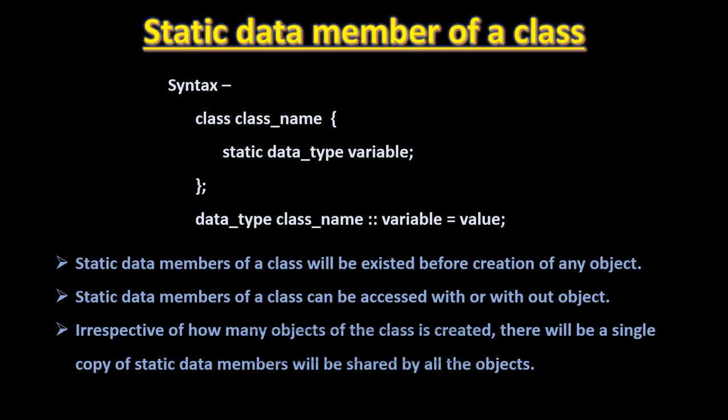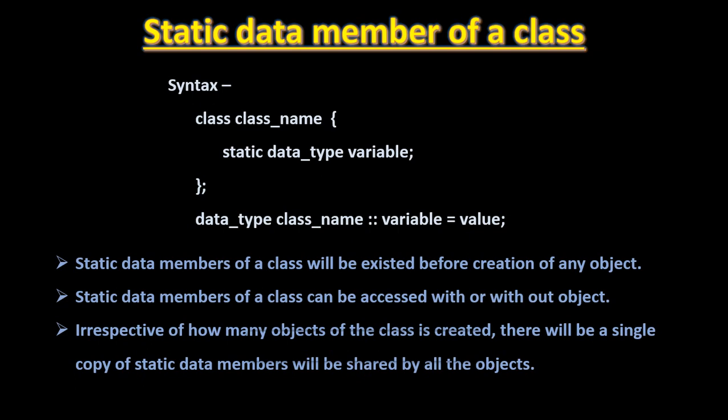Whenever you create any object based on the class definition table, all non-static data members will get memory in the object. If you have created 10 objects, for all 10 objects the same non-static data member will be there, but only one copy of the static data member will be shared by all the objects.